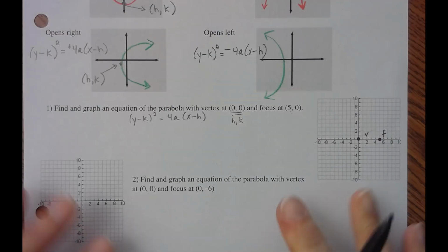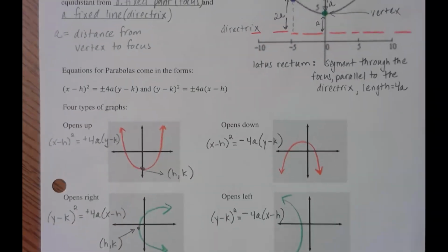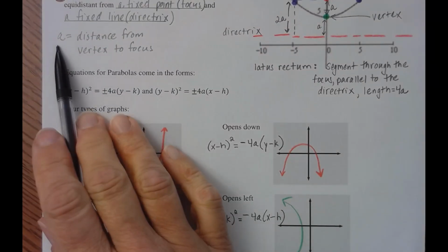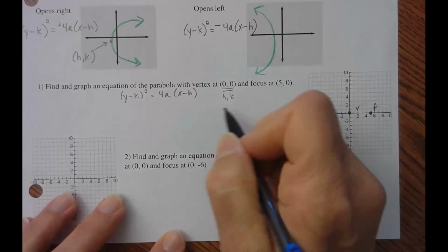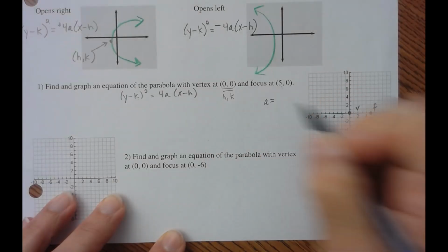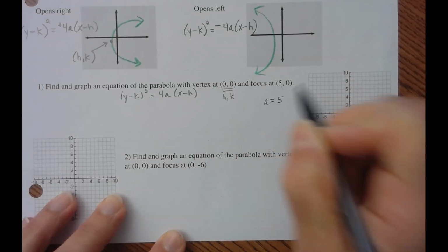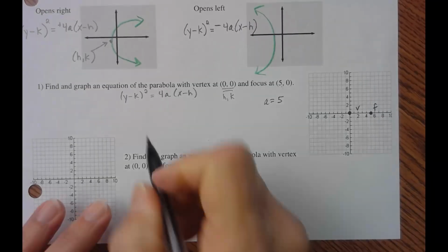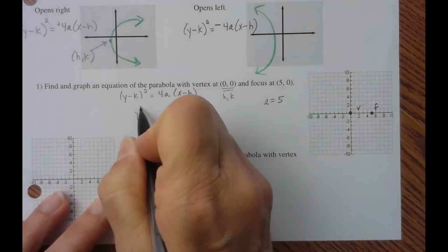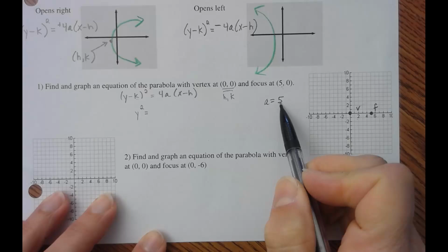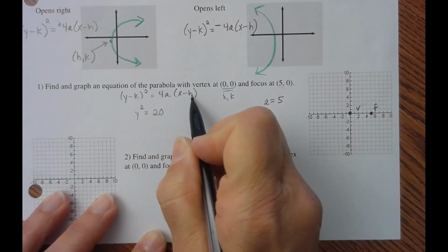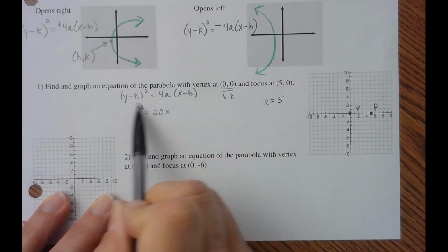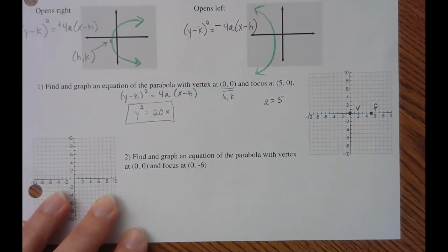And also remember that a is the distance from the vertex to the focus. So in this case, the a value will be 5. When I go to write my equation, k is 0, so this will just be y squared. a is 5, 4 times 5 is 20. h is 0, so this will just be x. Here's the equation for my parabola.